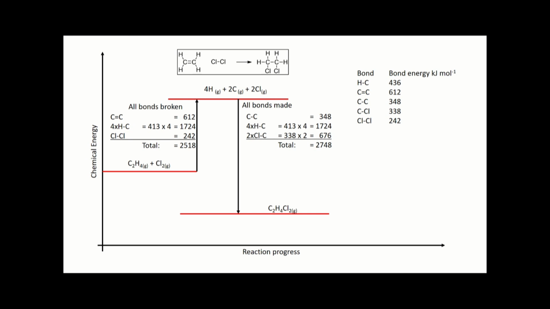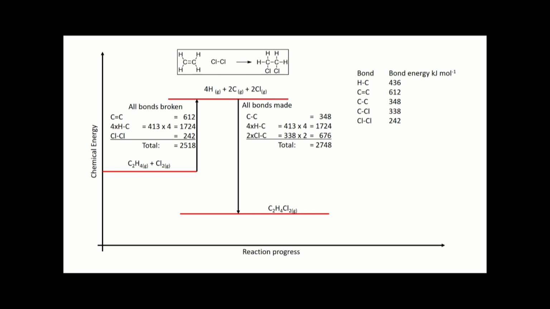Now, if you're answering this in an exam, the important thing to say is that the energy released when all bonds are made is greater than the energy required to break all of the bonds. That's the key information there. Sometimes they actually want the value, so it's good to put the actual number in as well.